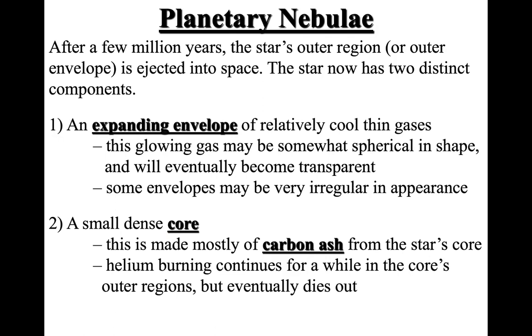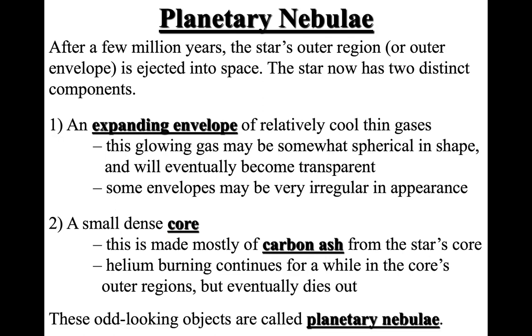That core is mainly made of carbon ash, right? And I guess you can understand this. And these types of objects are what we call planetary nebulae. Now you may have heard these names. What you may not know is how these things happen, right? So that's what we are discussing here.